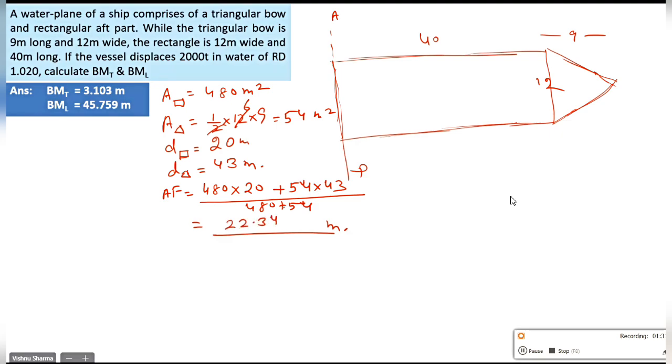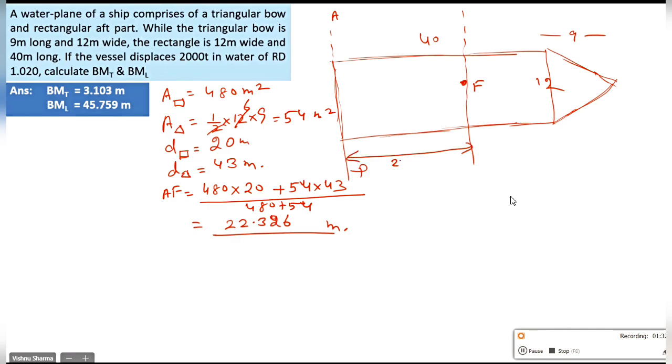Give me up to 3 decimal places. 22.326. Okay. So at a distance of 22.326 meters from here you have the center of flotation, with this distance being AF.